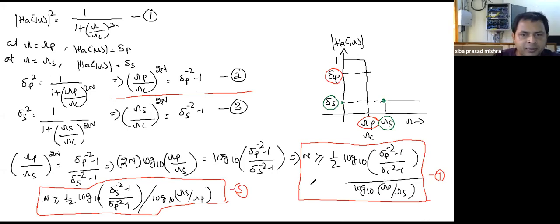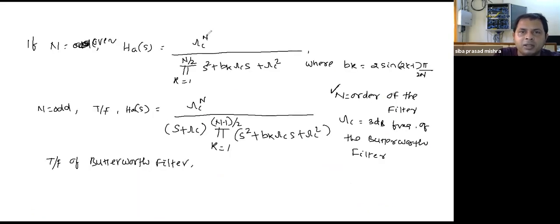Okay, clear? Now, the first task is over. What is the necessity? First, you have to find the order of the filter. Then you have to find the omega c of the filter, if omega c is not given. If omega c is given, it is not required, only find the order of the filter. Because our transfer function requires the order of the filter and omega c.